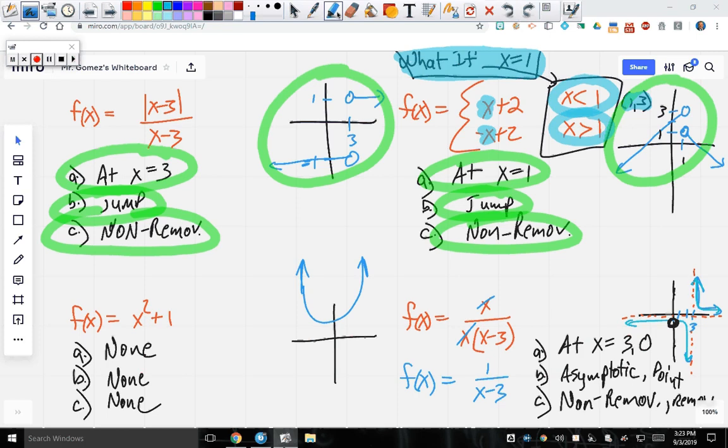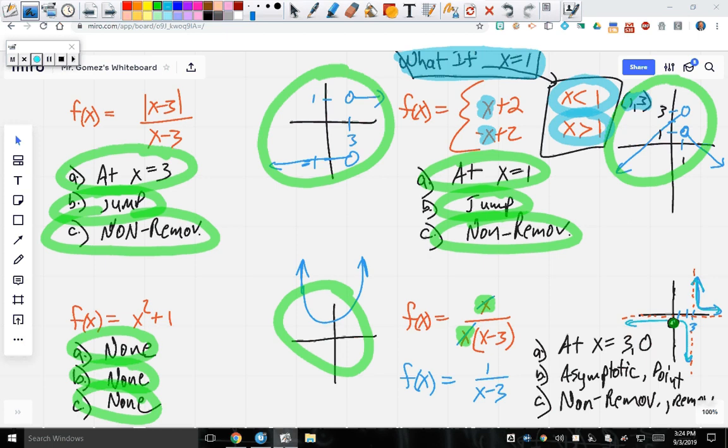Let's come over here. X squared, this was not a trick question, just wanted to make sure people were good. None, none, and none, because it's continuous everywhere, and that's what the graph looks like. Over here, there's 2. So if we factor this piece out and we cancel and remove it, this is the hole in the graph. That is at x is equal to 0, which you see right there, with the y-axis.